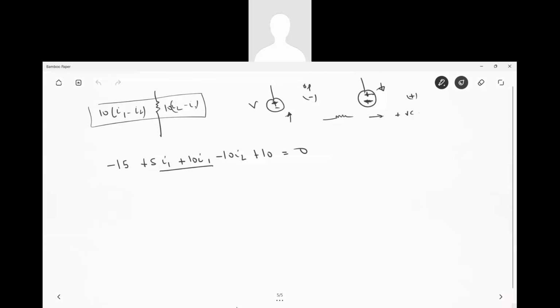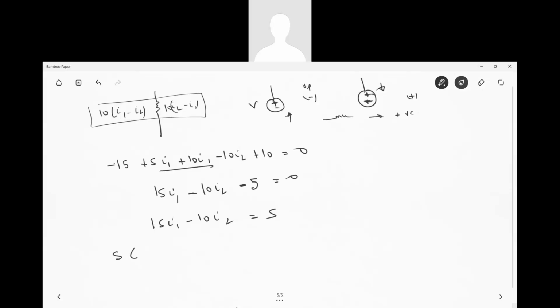So this is 15 I1 minus 10 I2 minus 5 is equal to 0. So 15 I1 minus 10 I2 is equal to 5.